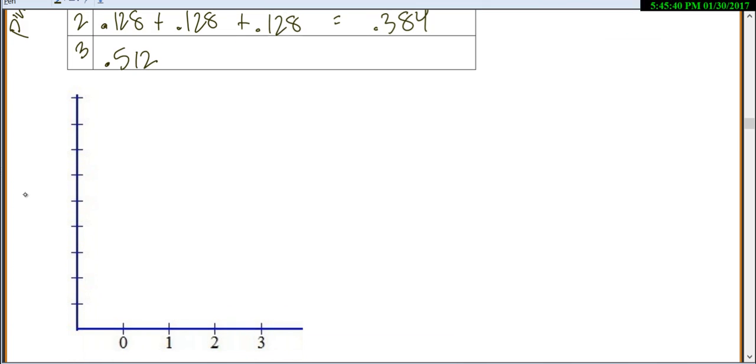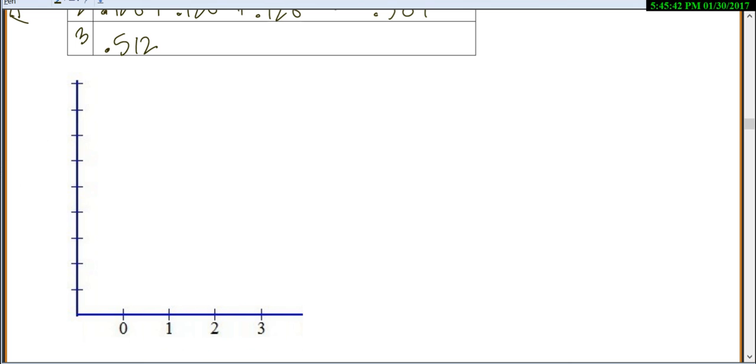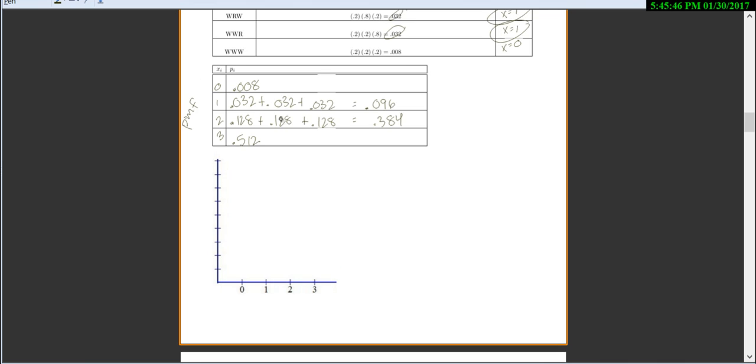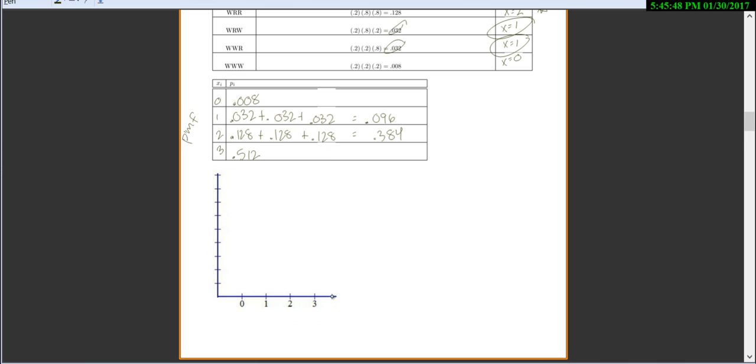You'll also usually want to graph your PMF. And so down here, you'll put x along the x-axis. So you'll put each x value. And on the y-axis, you put your probability. And then you have to come up with some logical scale. It doesn't really matter. You can pick different things.